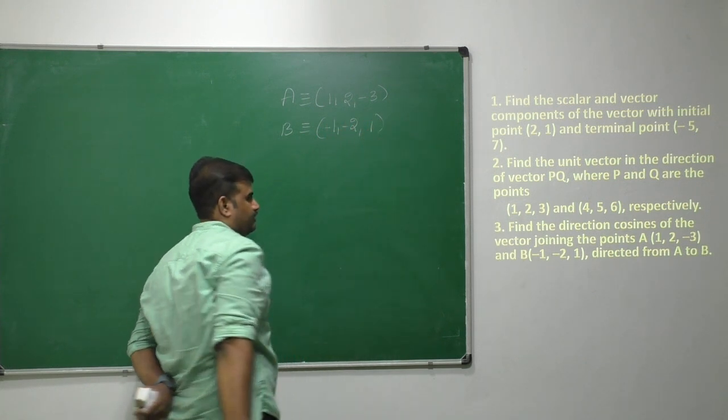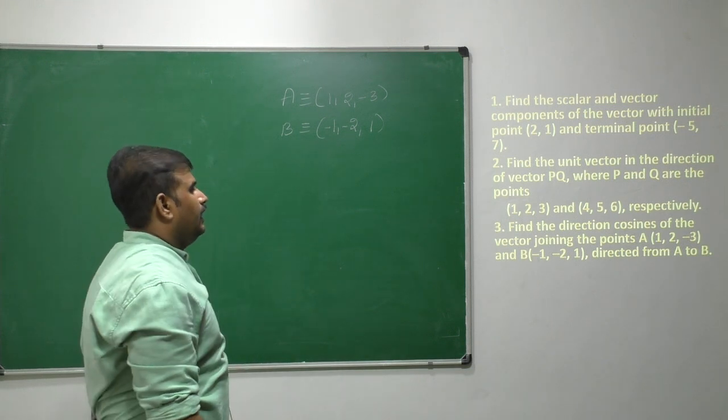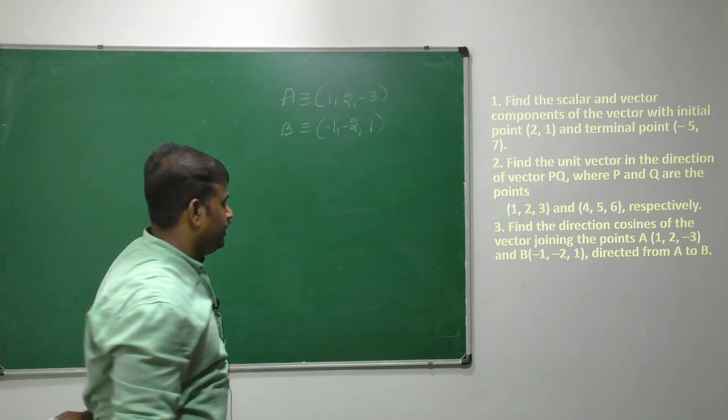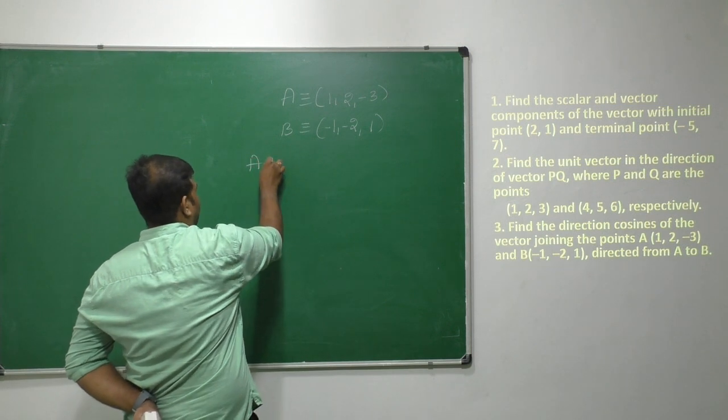You have to find the direction cosines of the vector directed from A to B. First you have to find the vector AB.